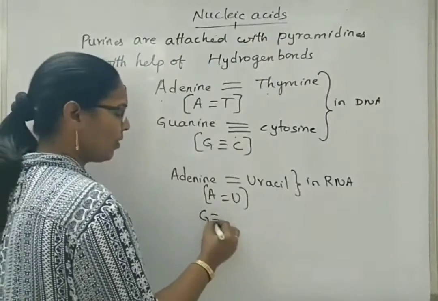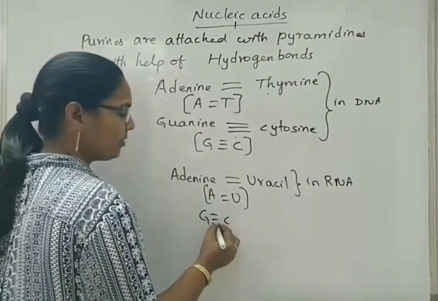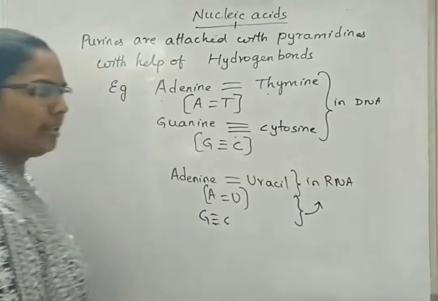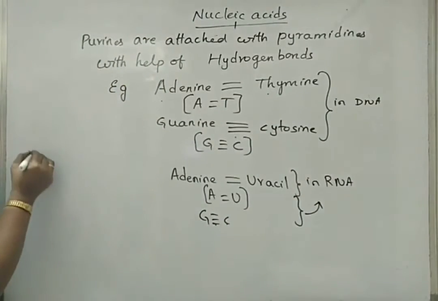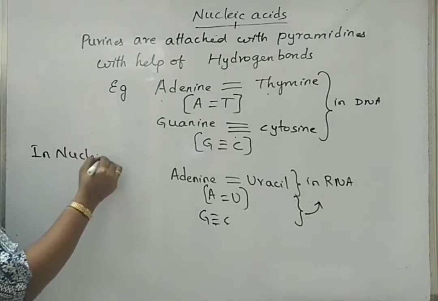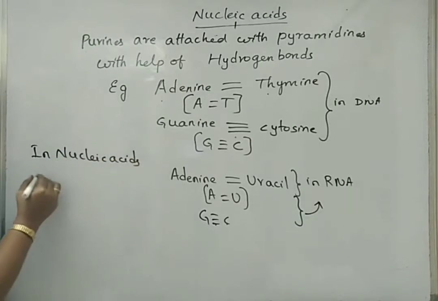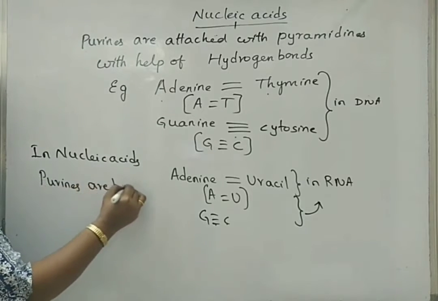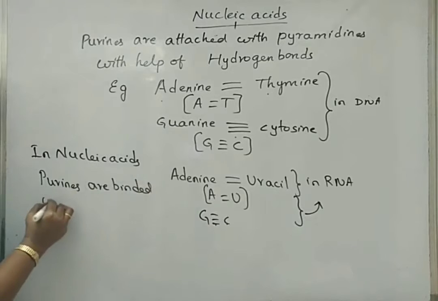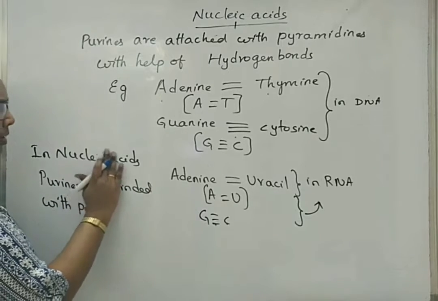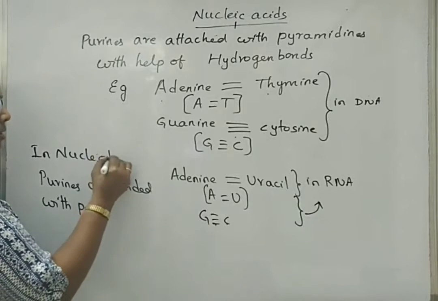In the same case, guanine, it is the same. Guanine has a triple bond with cytosine. This one also in case of RNA, it is the same. Next, in the nucleic acids or nucleotides, we'll write nucleotides so that it will be easy.